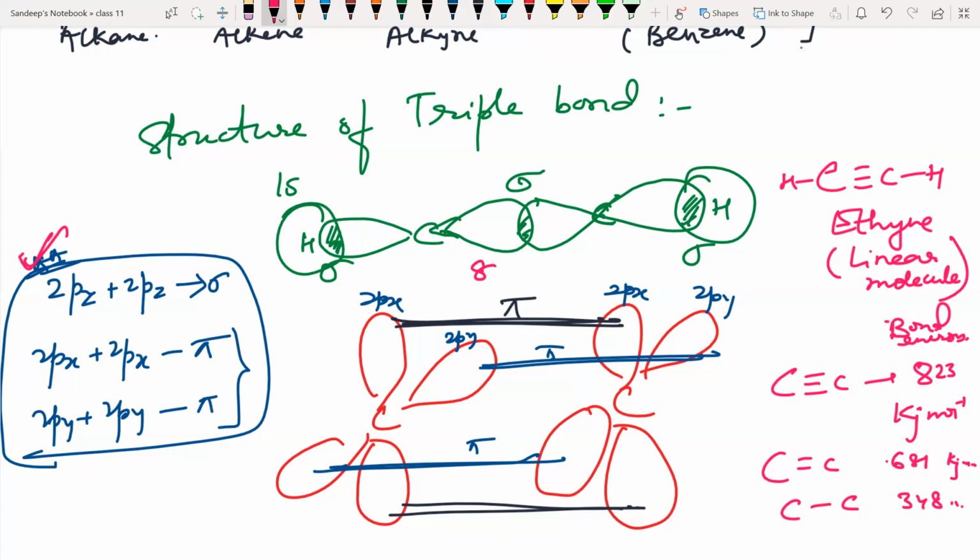So this is sigma overlap, and this is pi overlap. So sigma is a stronger bond, pi bond is a weaker bond.